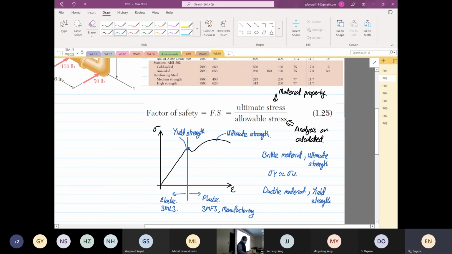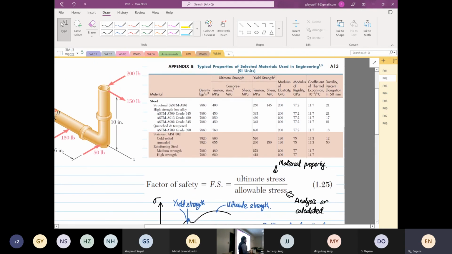Now, the next question is, how did they get this property? Right? How do they get this property? So these properties, those of you who have done my manufacturing class, those of you who have not, it's okay.